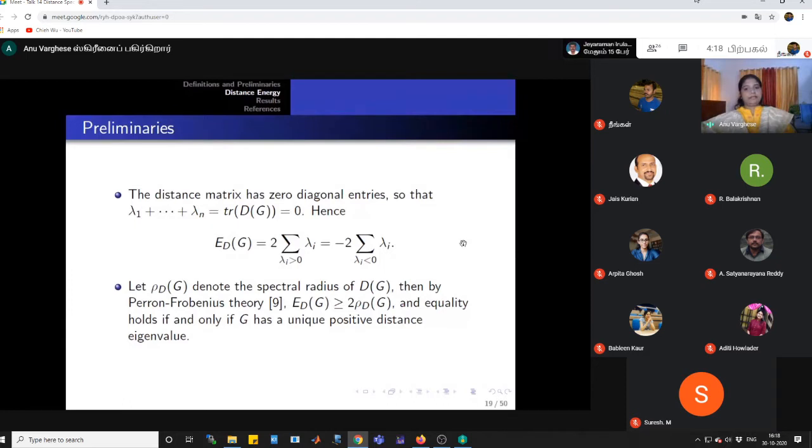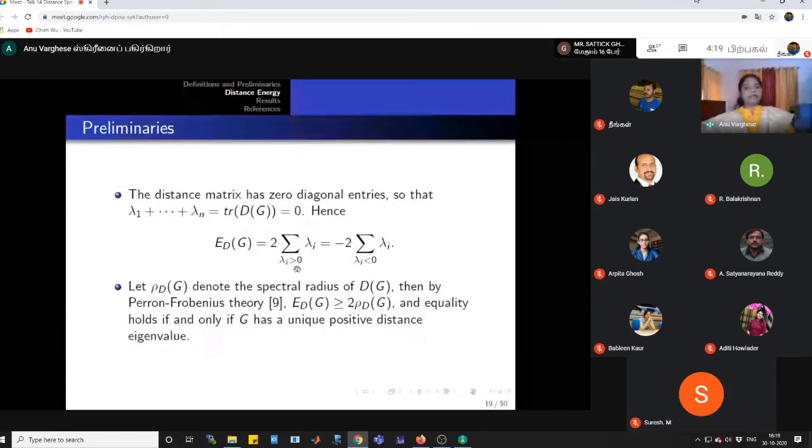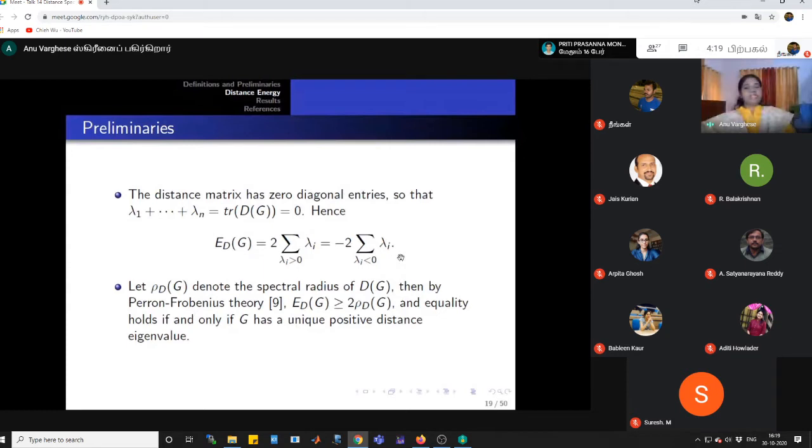Thus, we get the distance energy of G equal to twice the summation over λi greater than 0 of λi, which is the same as minus 2 times the summation over λi less than 0 of λi. We need not consider the 0 eigenvalues because they will not contribute to the sum.